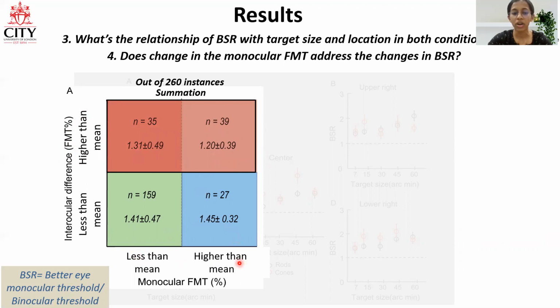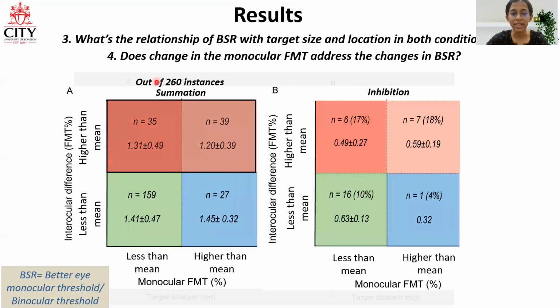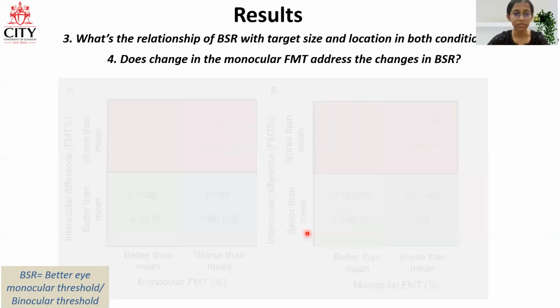Regardless of what their monocular FMT was, when the IOD was higher, the summation ratios were poor. In the same way, in the same cohort, when you see the binocular inhibition, the inhibition was more when the IOD was high and the magnitude became lower when the IOD was smaller, regardless of what their monocular FMTs were.